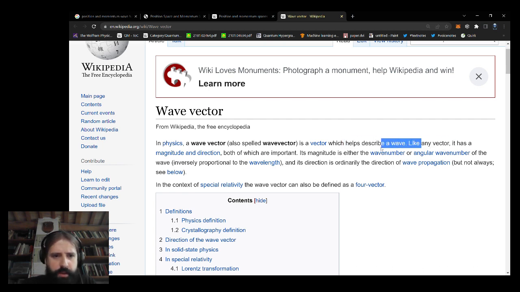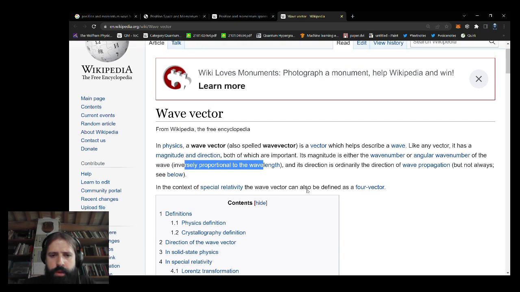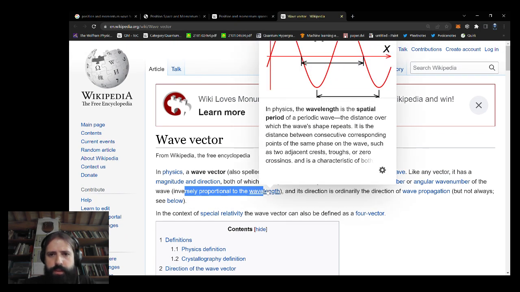Any vector has a magnitude and direction, both of which are important. Its magnitude is either the wave number or angular wave number of the wave, versus the wavelength. Okay, so you're just encoding something that describes a wave into a vector.